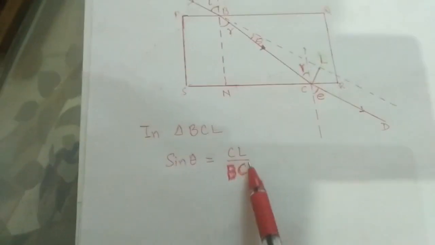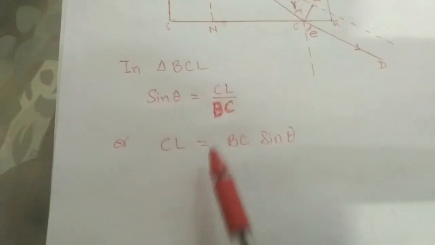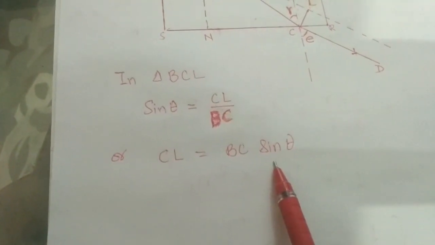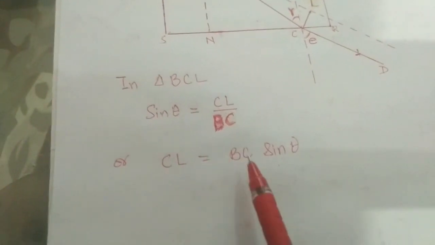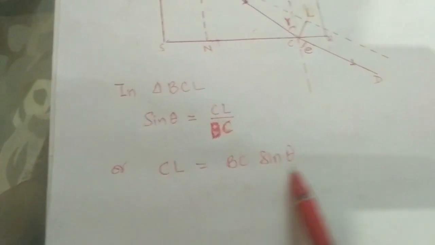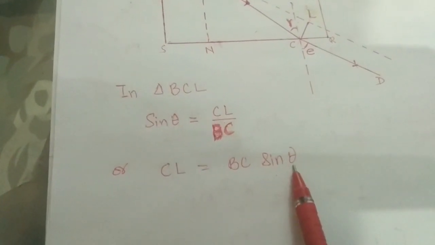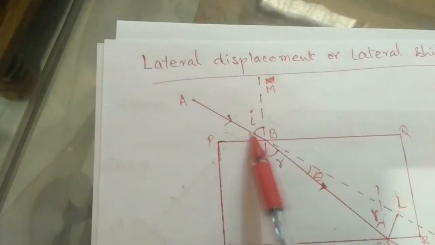Sine theta is equal to CL upon BC. Now CL is equal to BC sine theta, means we can calculate the CL. This is the perpendicular shift, but this sine theta, what is this? The angle is unknown. For that we can see here the angle of incidence.